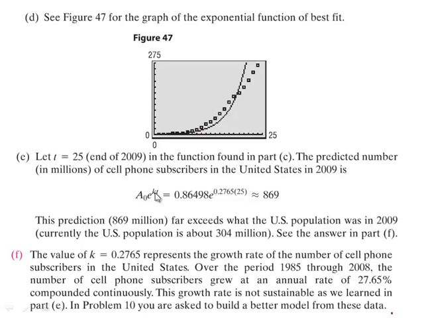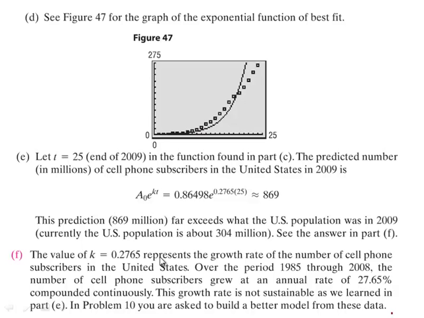What does k mean here? When you have this function right here, a sub 0 times e to the kt, what does k mean? What is the 0.2765? How do you interpret that? Well, this value for k represents the growth rate of the number of cell phone subscribers in the U.S. Annual rate of 27.65%.